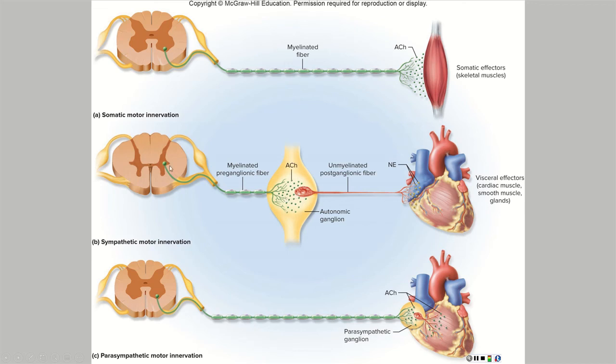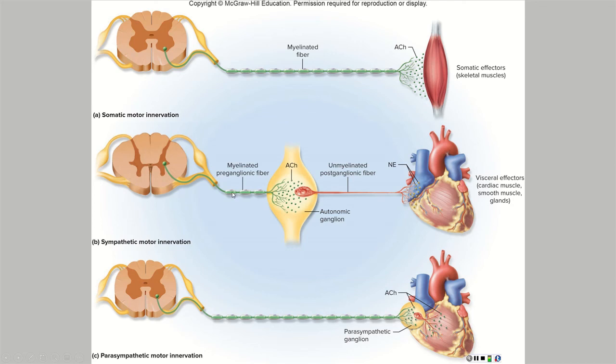So the preganglionic neuron is going to be really short. It's going to have a cell body somewhere in the spine, and that neuron, well, the whole nerve really, is going to go from the spine to right next to the spine, where we find this ganglion.